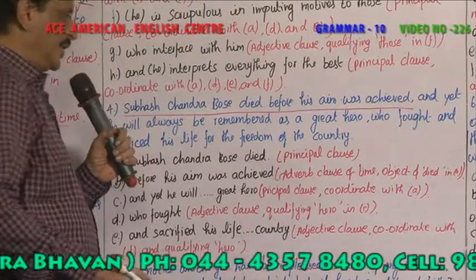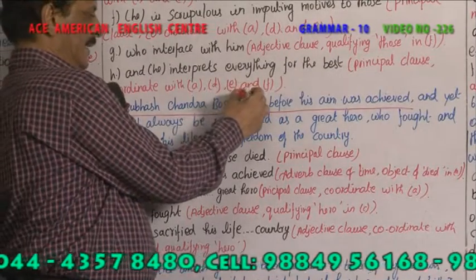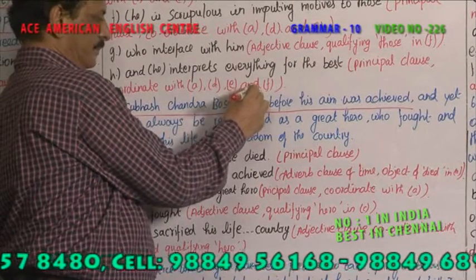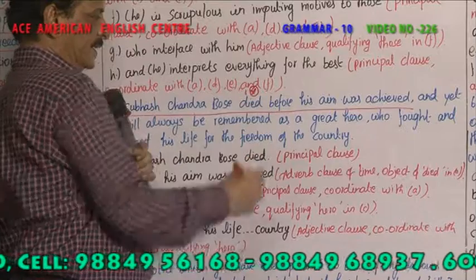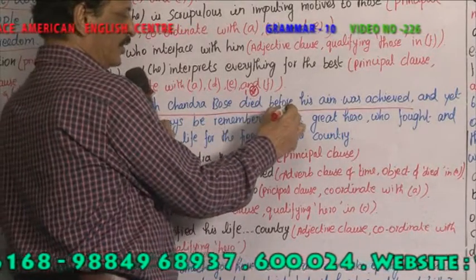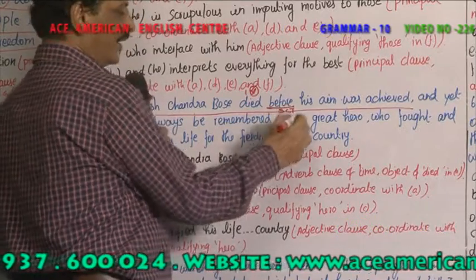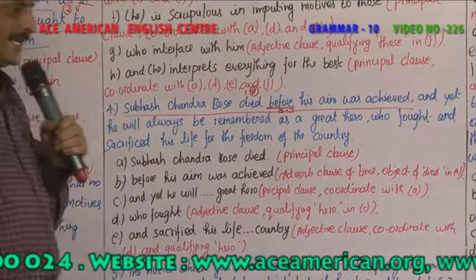So which is the verb here? Died, right? So one verb. And "before" is a conjunction. Before is usually a subordinating conjunction, related with time, right? It has its own verb.